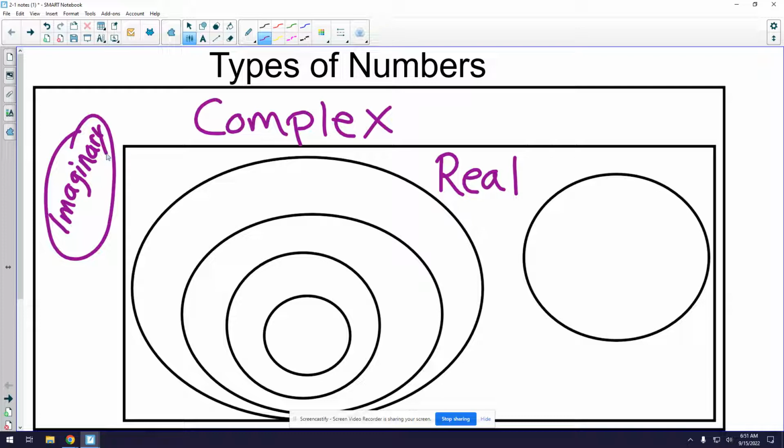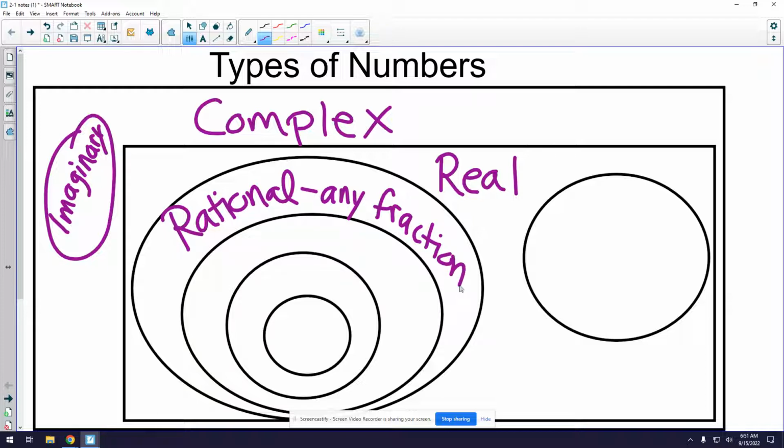So inside the real rectangle, you have all those little circles. You have first this big circle. These are your rational numbers. Now, on the rationals, I wrote any fraction. That does not mean that rationals are only fractions, but what it means is that rational numbers can be written as a fraction.